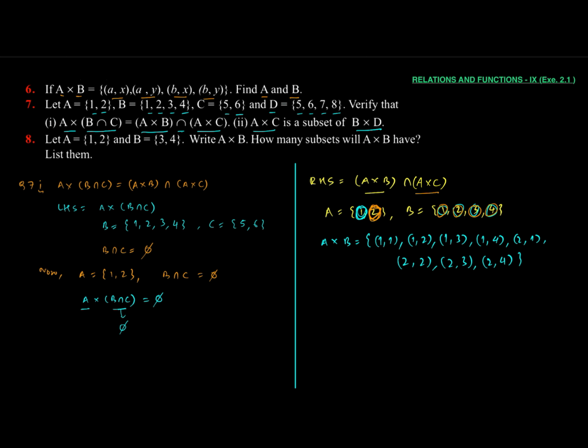Now we'll be determining what A cross C is. So here we have set A with elements 1 and 2, and set C with elements 5 and 6. So the elements of this set will be (1, 5), the first element, (1, 6), the second element, (2, 5), the third element, and (2, 6), the fourth element.